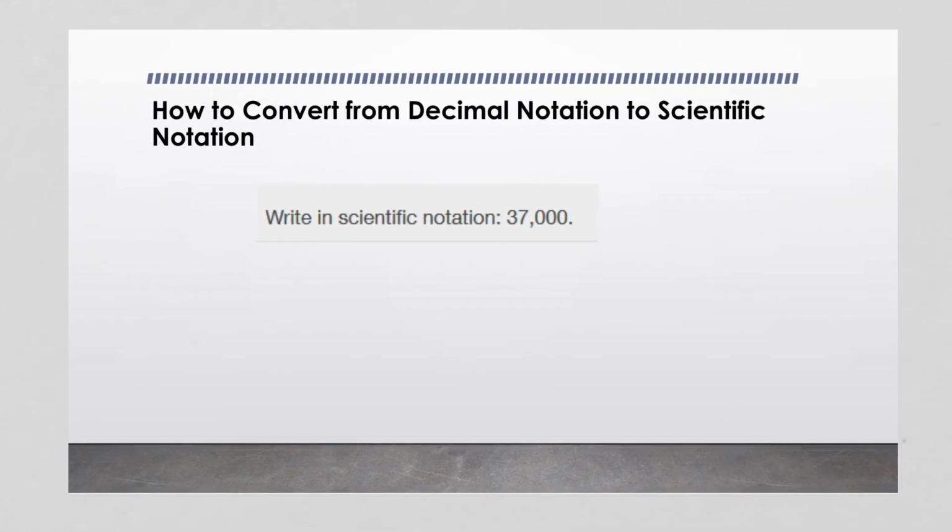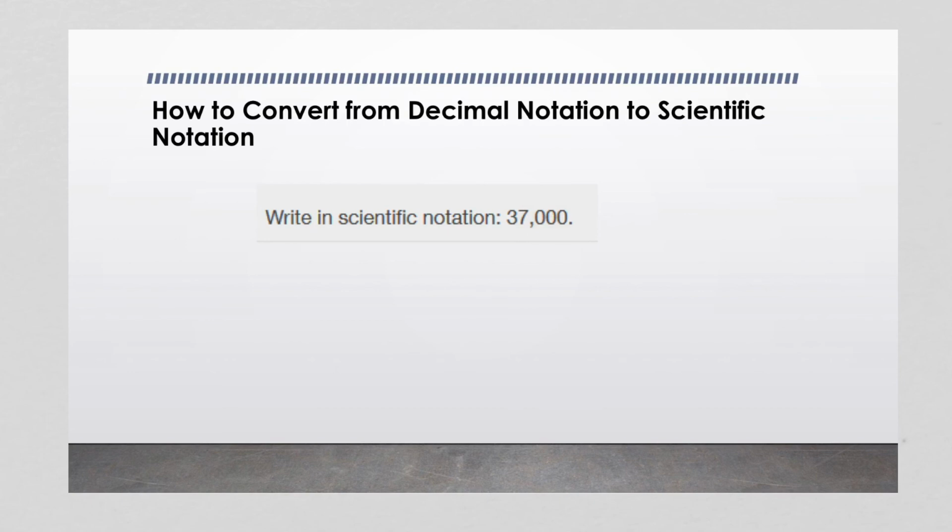What I do is I ask myself, where in this number of 37,000 could I put a decimal that would give me a number that is greater than or equal to 1, but less than 10? If I put a decimal here, I have 3,700. That doesn't help me. If I put the decimal here, I have 370.